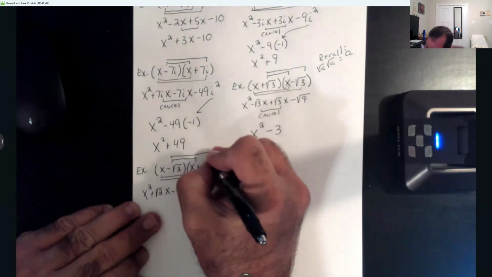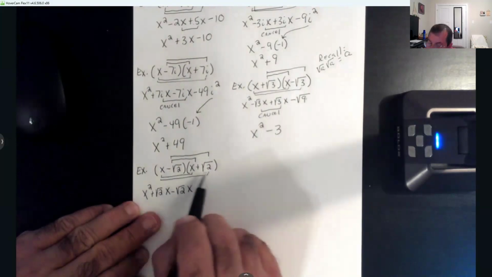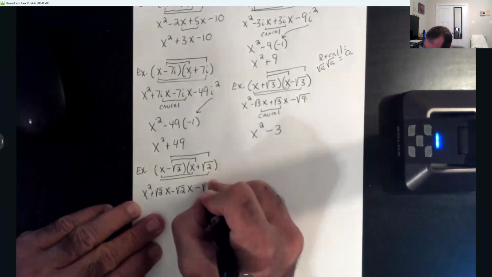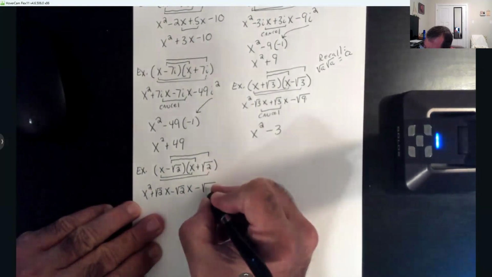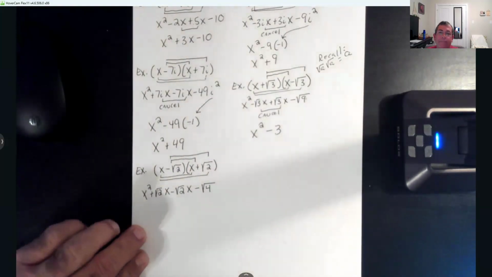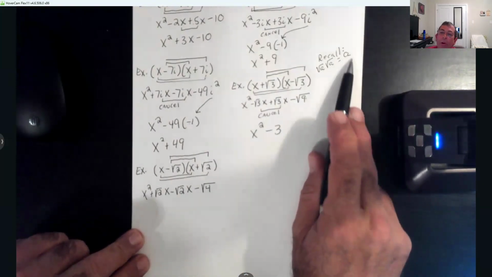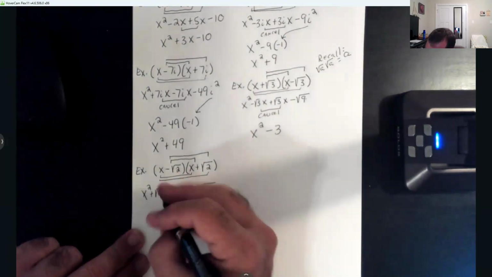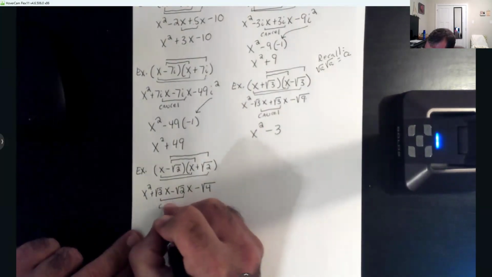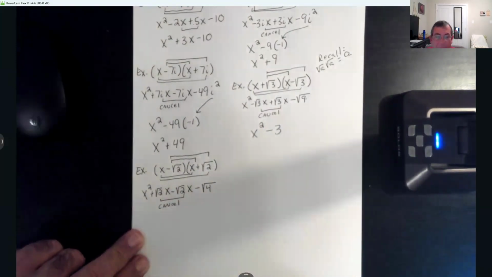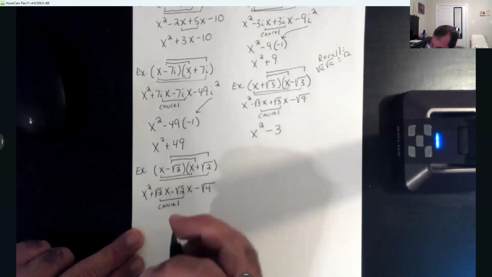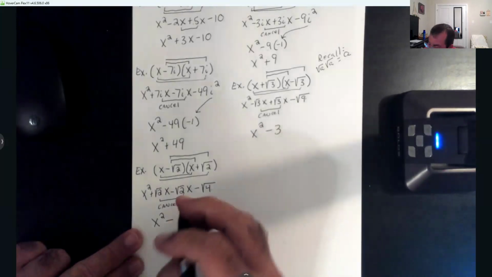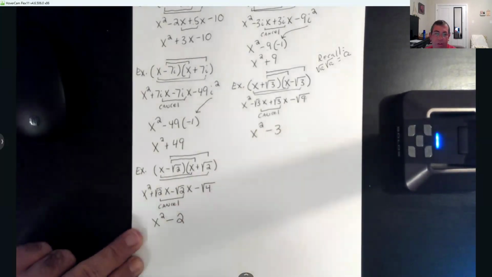And then finally, negative square root of 2 times a positive square root of 2 is a negative square root of 2 times 2, which is 4. But we know at that point, we could have just put the a, which would have been the 2, okay? All right, I'm going to cancel out the middle. So I bring down my x squared minus my square root of 4, which is 2.